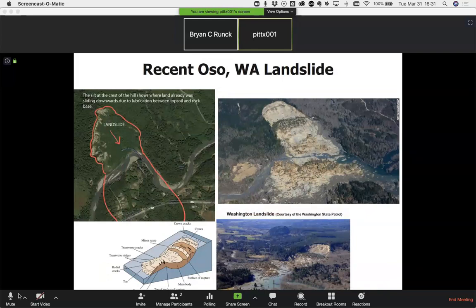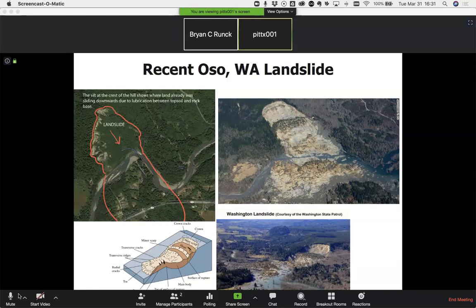Not too long ago, well, now about 10 years ago, in Oso, Washington, there was a significant landslide, a rotational slide. The diagram in the upper left shows what the original landscape looked like, and it shows the areas that are labeled landslide with a red arrow in them, wherein the rotational slide occurred.